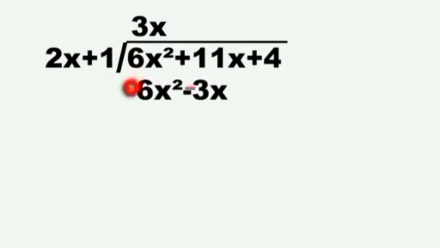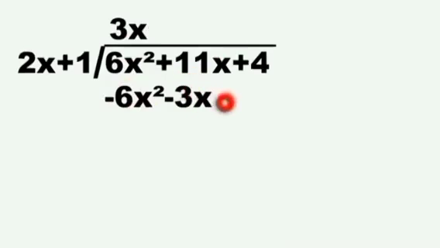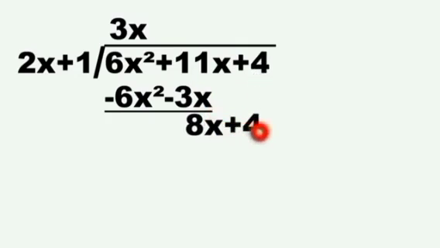So this becomes negative 6x squared and negative 3x, so this is equal to 0, and 11x minus 3x is 8x, and bring down 4. So we have here 8x plus 4.